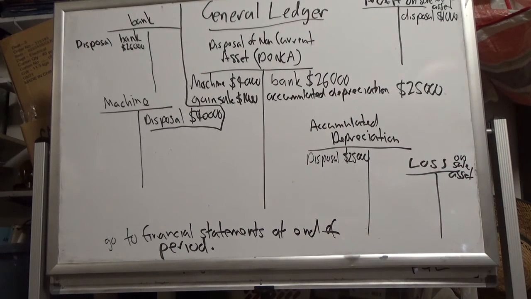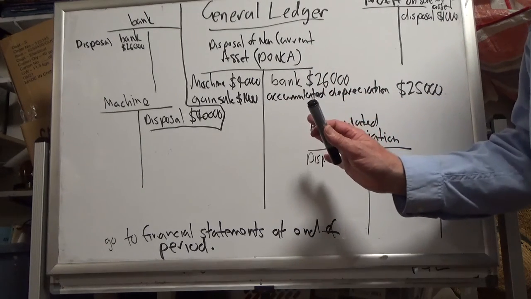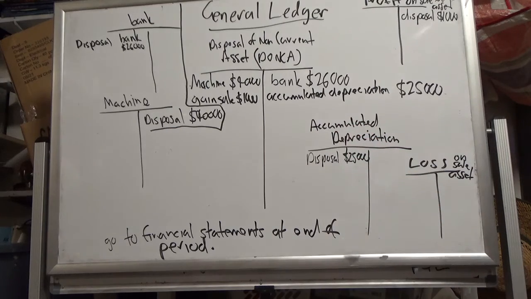All right, and then with the profit, you go to the profit of disposal of asset, credit item, label it disposal, and then in DONCA on the left hand side, the debit side, label it gain on sale 1,000. That's okay. Sorry, I was just a bit worried that I might have had an incorrect entry there, but if you're unsure, just double check. That doesn't balance, by the way, but it's all good. They're the correct entries, right?